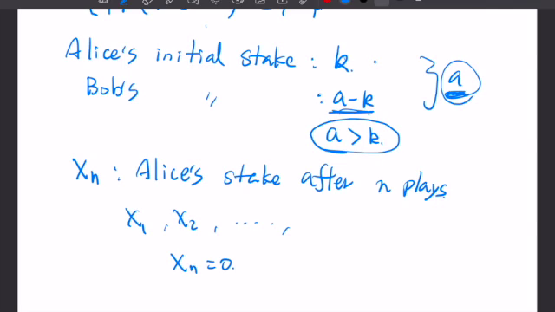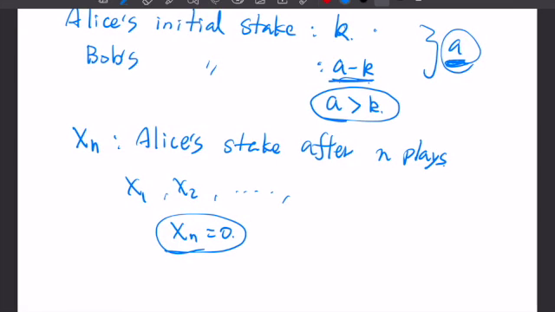So Alice lost all her money, and so we want to calculate this probability, for example. And X_0 is of course k, because before any play, the amount of money Alice has is her initial stake, that is assumed to be k dollars.